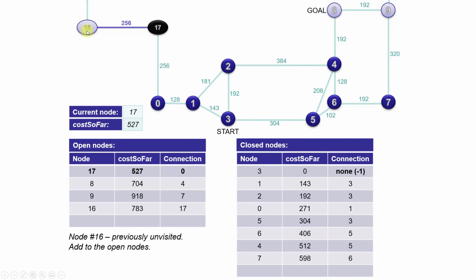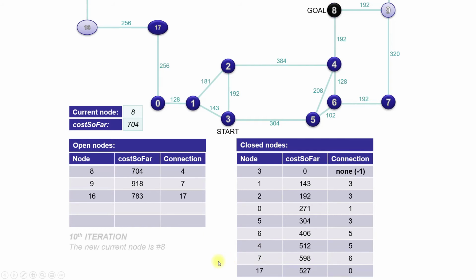It's a previously unvisited node. Add to open nodes and close the number 17. The iteration is completed. The next iteration is the 10th iteration, and the new current node promoted is the node number 8 with cost so far 704.